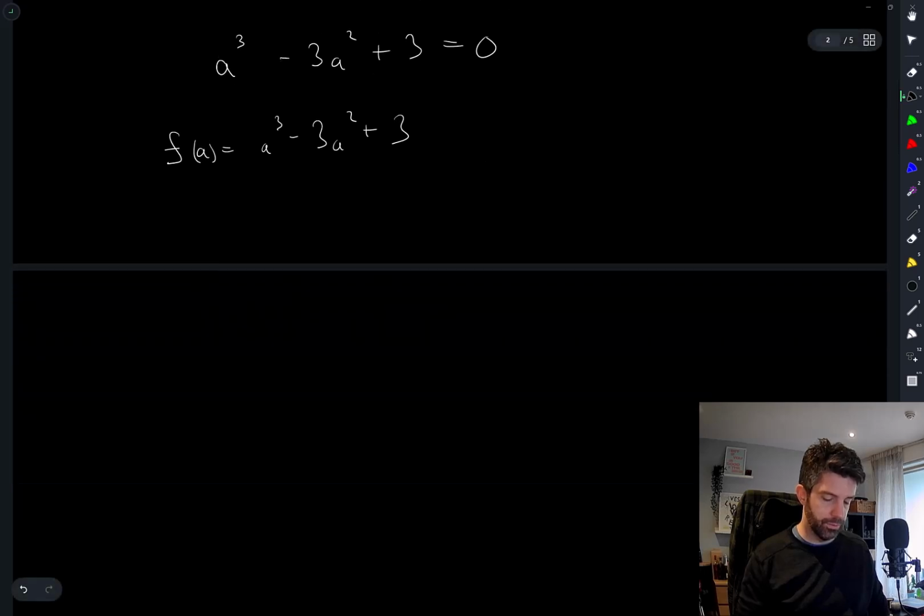I'm not going to guess and check here for values of a that work. But I note that f of 0 is equal to 3.